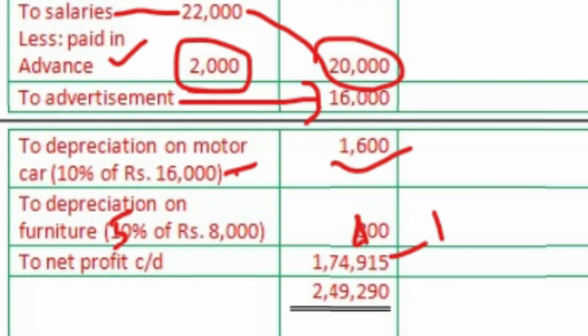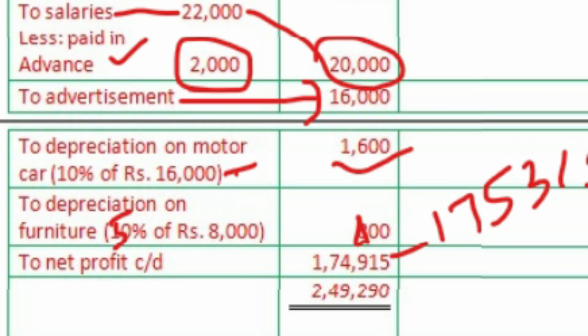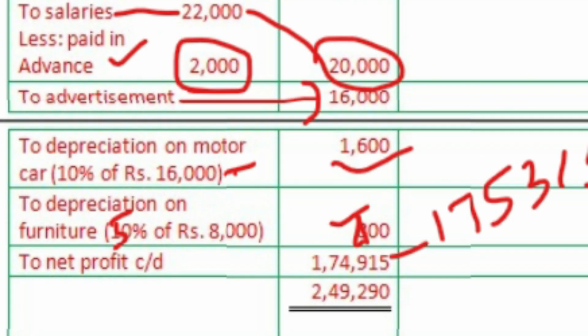So a slight correction is needed here. 1,75,315, because here by mistake I took 10%, whereas it is given in the question as 5%. So 5% of 8,000 is 400.